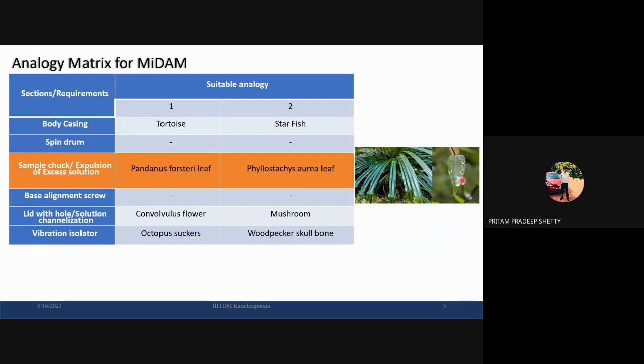But in the case of the second analogy, we have to use some hydrophobic coating over the substrate holder such that it allows the flow of excess fluid from the top. In the case of the Aurelia leaf, why is such hydrophobicity there? In order to keep the leaf wet-free with easy flow of liquid, as well as to avoid dust collection.